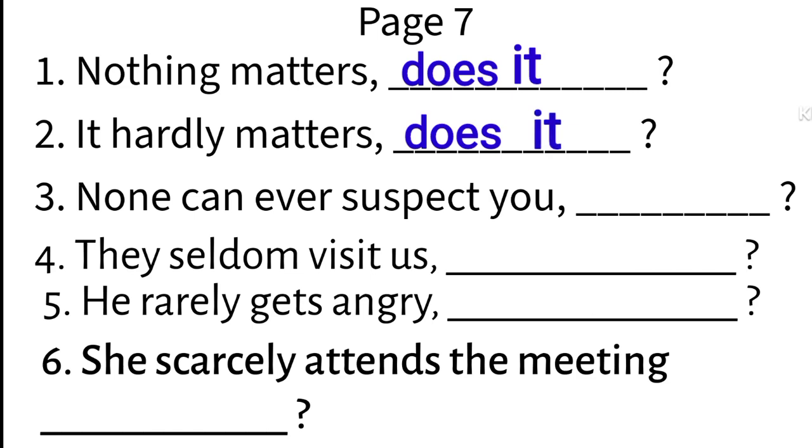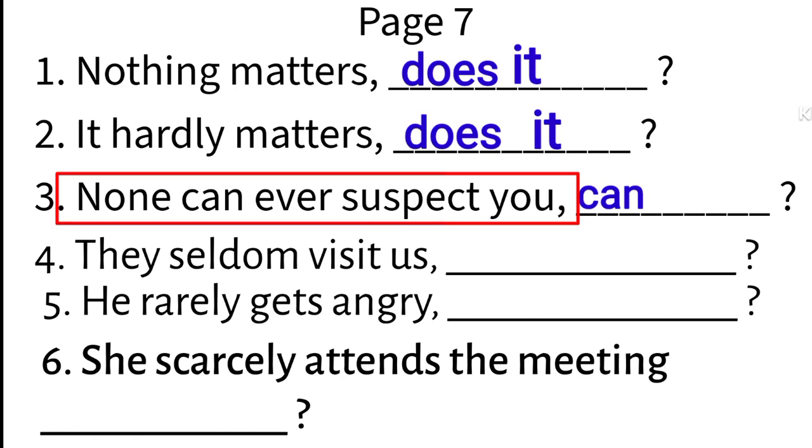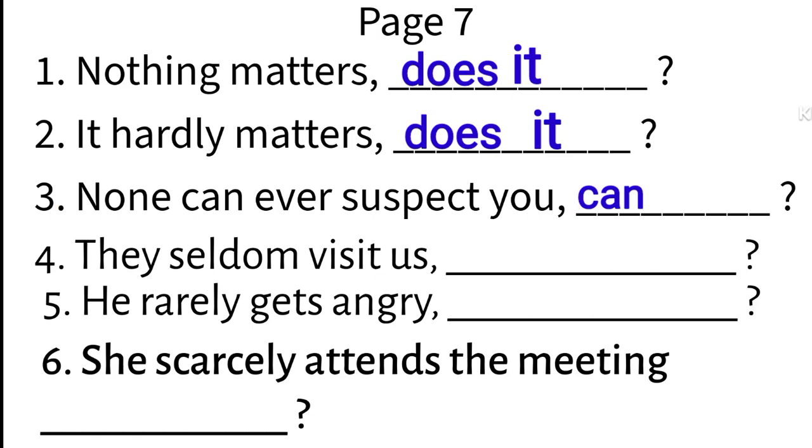But in the third sentence, there is an auxiliary verb, can, so keep can as it is. None can ever suspect you. This sentence means there are some people and not even one person suspects. This indicates that it is plural, therefore we have to use they.